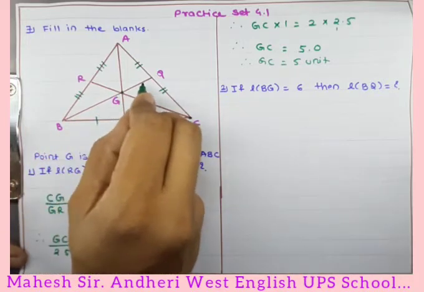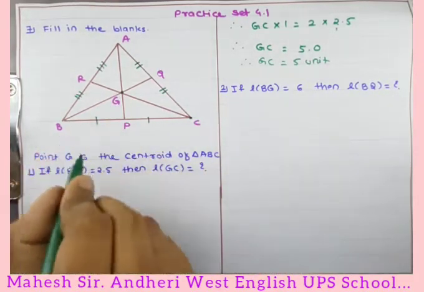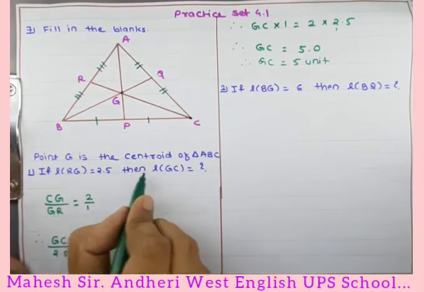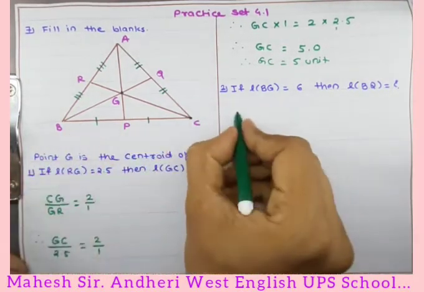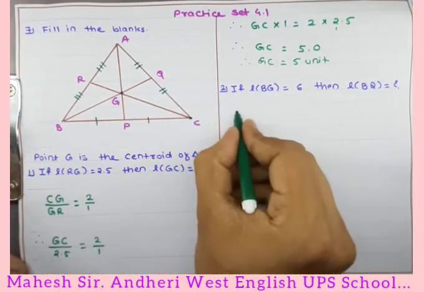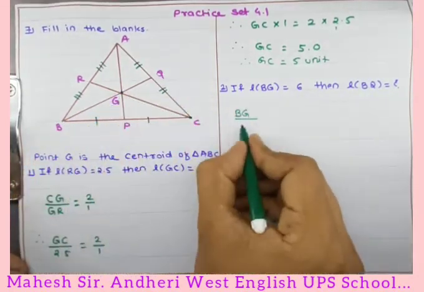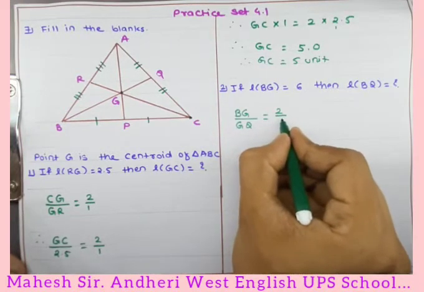For that, first we will use the same concept again, that the median is divided by the centroid in the ratio 2:1, right? So here we will write BG upon GQ is equal to 2:1.